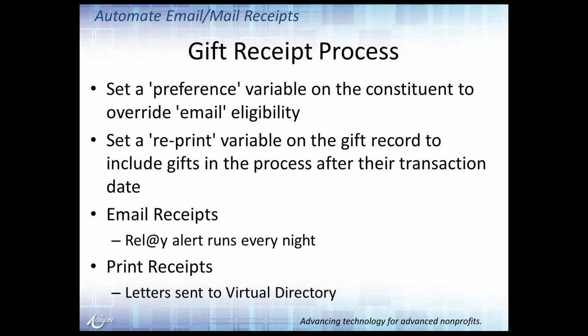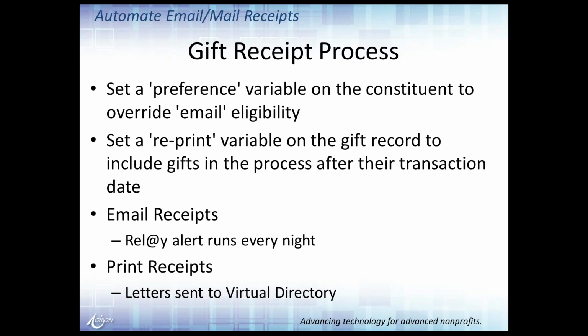So this is what we're trying to accomplish: these steps of sending out an email receipt and sending out the letters. So I wanted to walk through the process of what your users are going to experience when they get an email receipt.